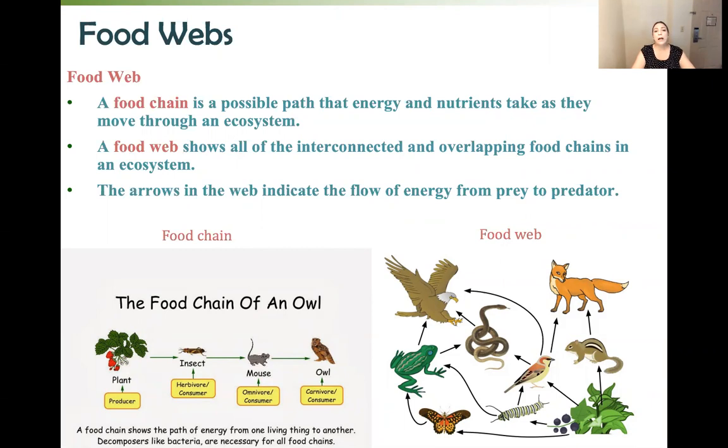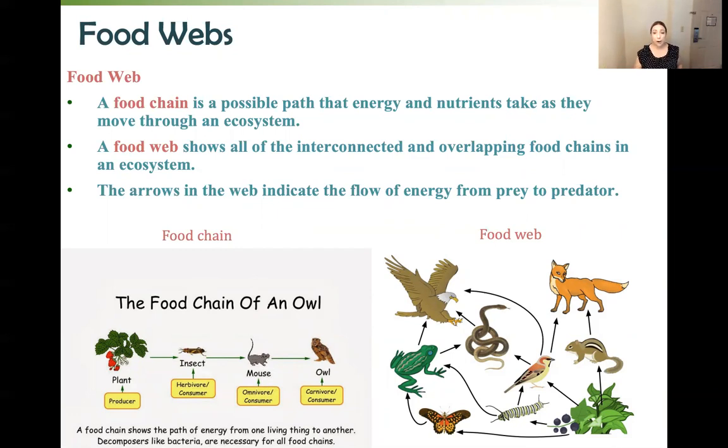So food chain, as I wrote here, is a path that energy and nutrients take as they move through an ecosystem. And what I mean by that is a herbivore eats plants to get energy. So the energy is going from plant to the organism that ate the plant, and then it travels to the next organism that eats the previous organism, right? So you're looking at energy flow through the food chain.